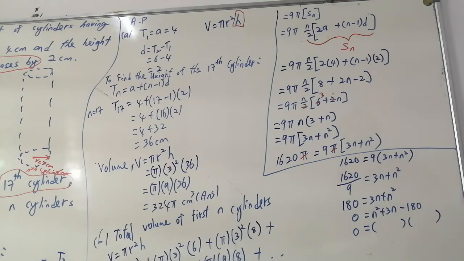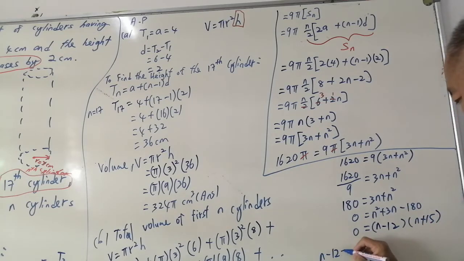So this one you should obtain, when you simplify using calculator, n minus 12, n plus 15.